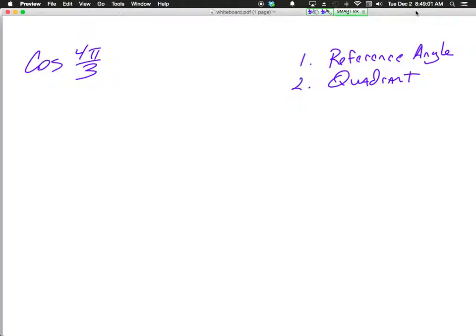All right, so cosine of 4 pi over 3. What do I want to do first? Change it to degrees. So if I change that to degrees, it gives me 240. Now, real quick, as a little side note, I want to show you how I got to 240. We need to know, and I don't remember if we talked about this yesterday or not, do we know what pi over 6 is equal to in degrees?